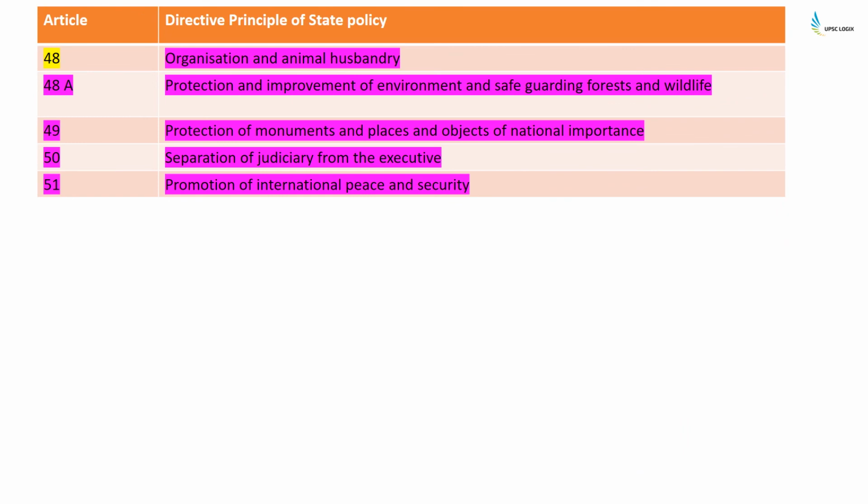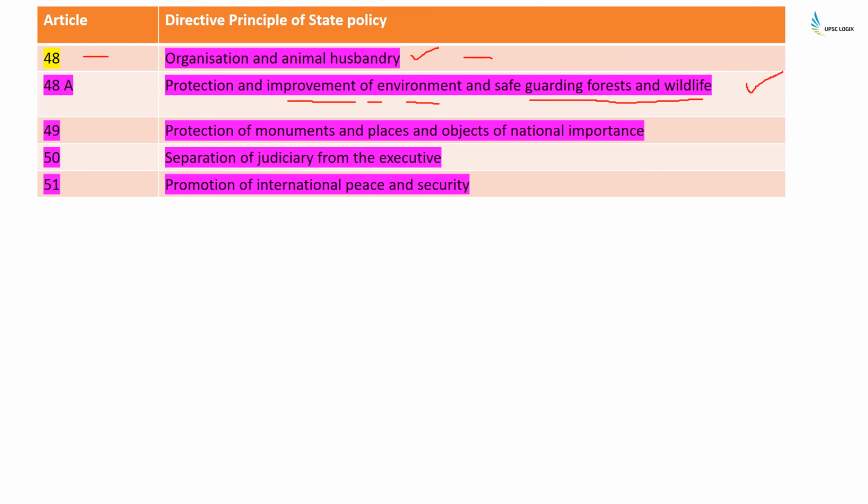Article 48 says organization of animal husbandry, and this also is included in the liberal principles as well as the Gandhian principles. Then Article 48A is protection and improvement of environment and safeguarding forests and wildlife, again added through the 42nd Constitutional Amendment Act.